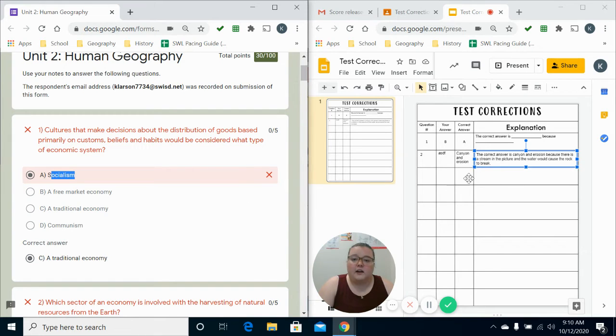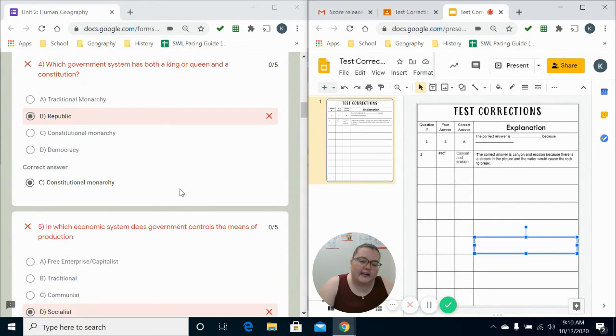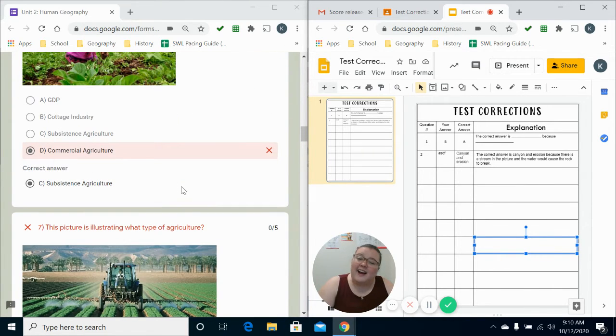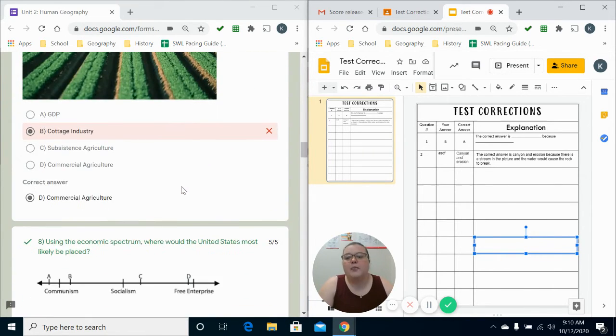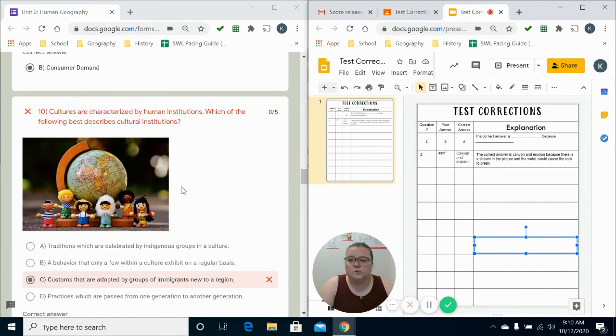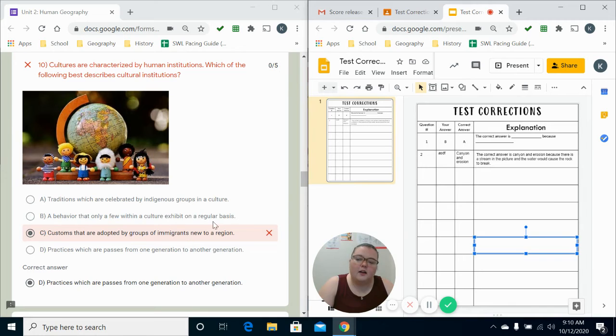You will earn back 3 points for every test correction that you do correctly. I didn't do this on mine because I did mine after I did all your corrections, but I gave you all 15 points. Question 10 was one of them. We did not talk about this in class. If you got it right, fantastic. If you got it wrong, don't worry about it.